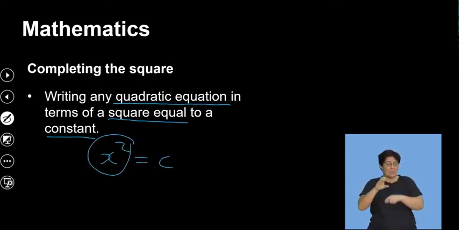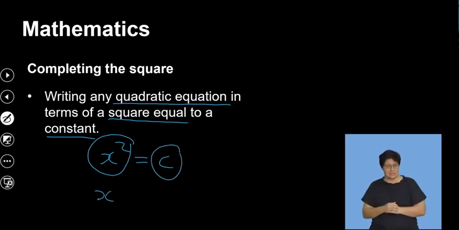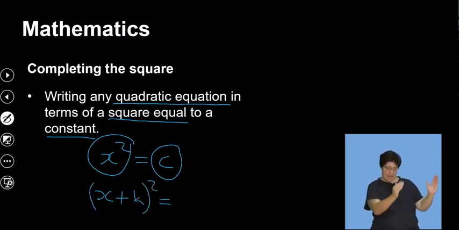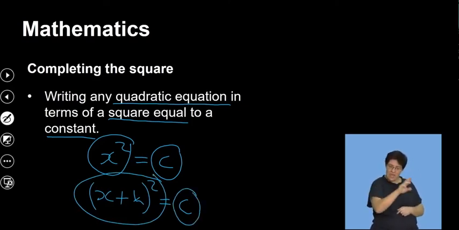This is a square and this is a constant. Or (x plus k) all squared equals c. This is a square and that is a constant. That's what completing the square is all about. And then you can take a square root on both sides and solve for your x. But we'll talk about that.